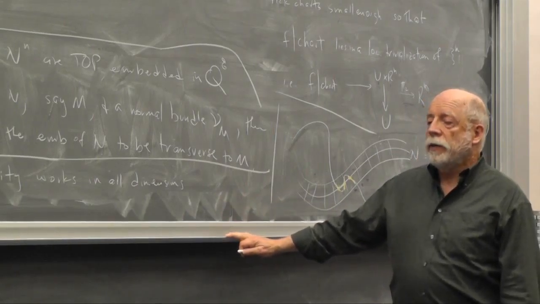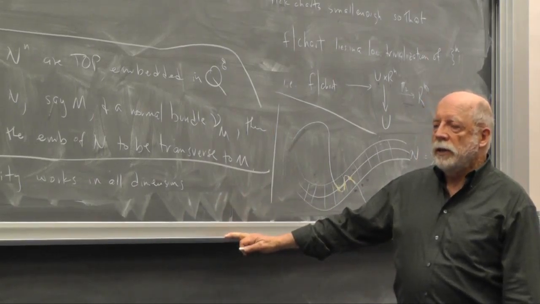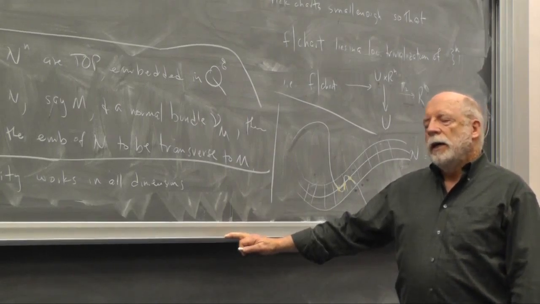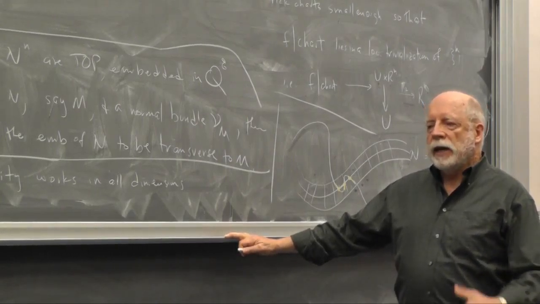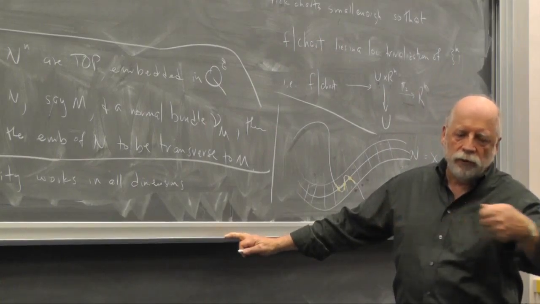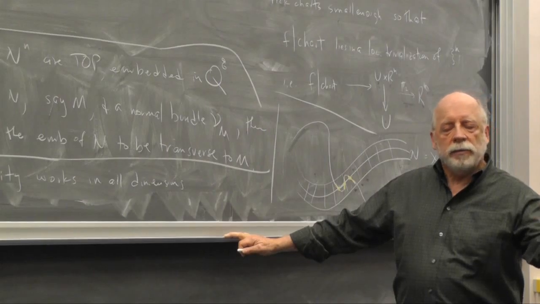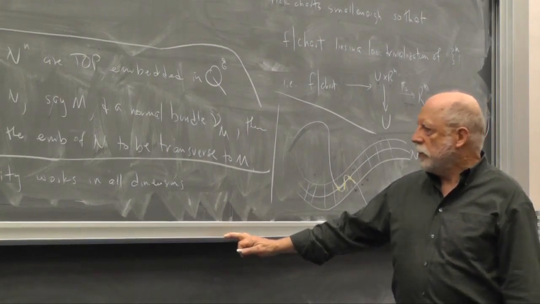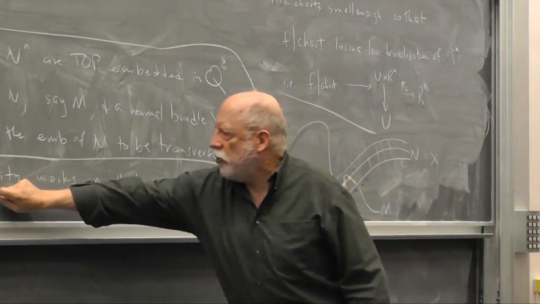And those were worked out by, well, Frank Quinn is the main person to mention, after Freedman did his stuff in dimension 4. In various ad hoc ways you could get transversality to work when the manifold that you're trying to get is dimension 4. And when the domain is dimension 4, something else works. So this is just what you should remember.